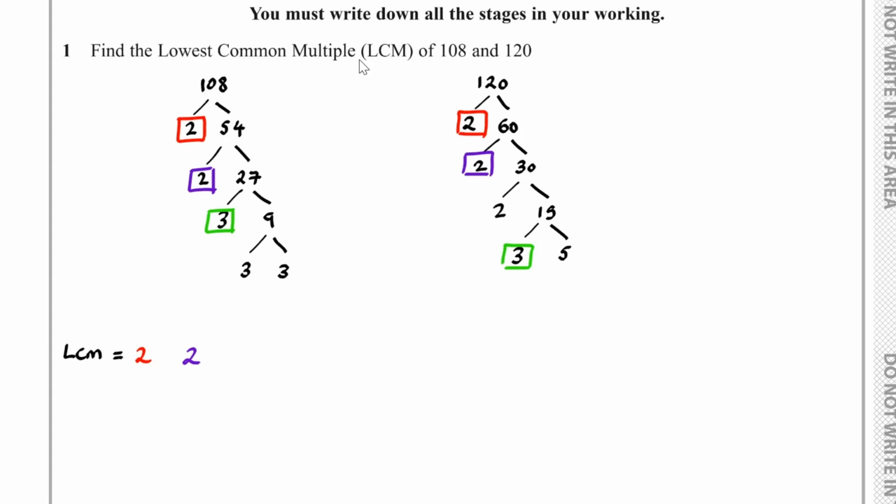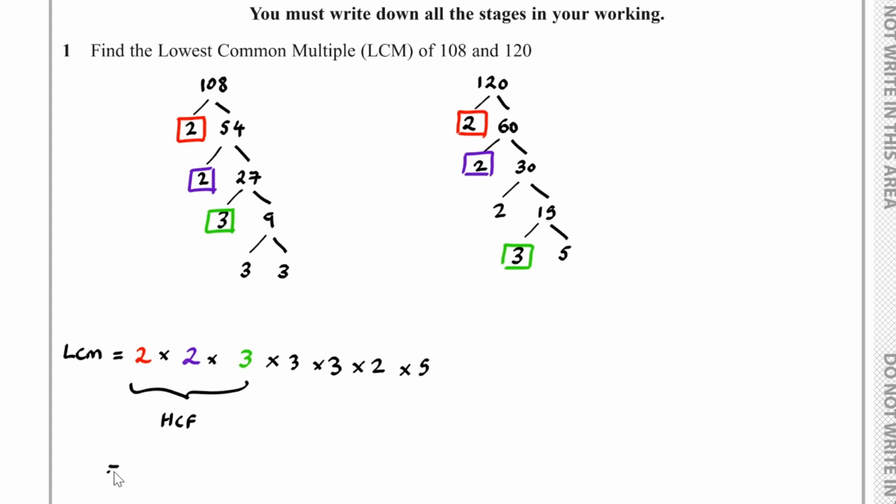So if we multiply these together, 2 times 2 times 3, this will find for us the highest common factor. And then for the lowest common multiple, we multiply the other numbers that are left over.